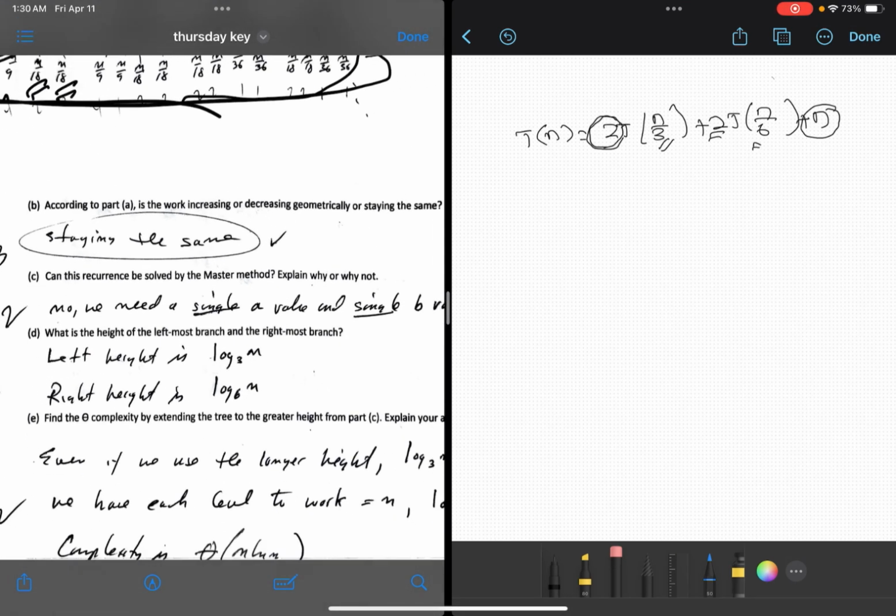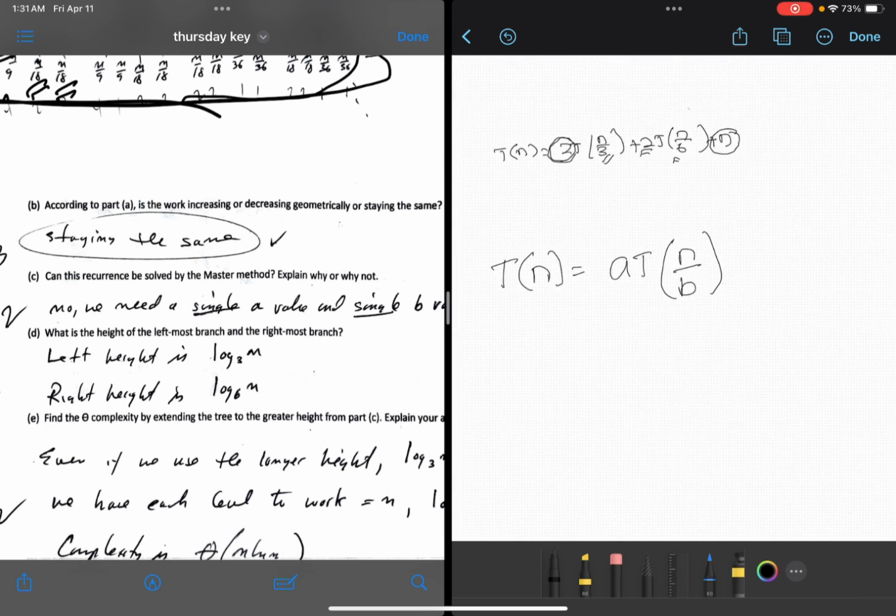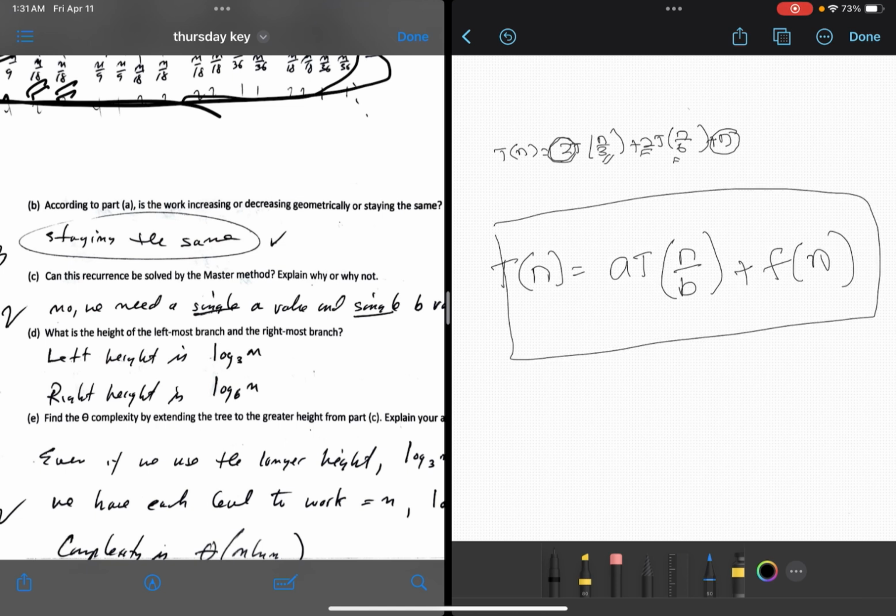Can this recurrence be solved by master method? So, okay, this is another big doubt to many people. Can we solve something by master method or not? If we have a recurrence relation that is in this form, aT of n by b plus f of n, we will be able to solve this using master method, otherwise no. You have to remember this blindly.